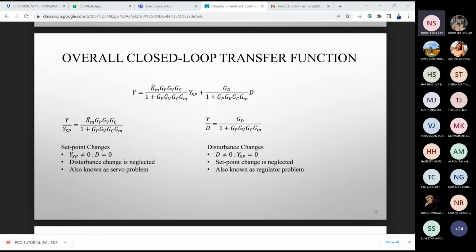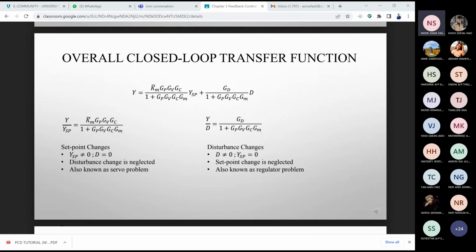The disturbance is neglected. For the disturbance changes, the set point value will be neglected.